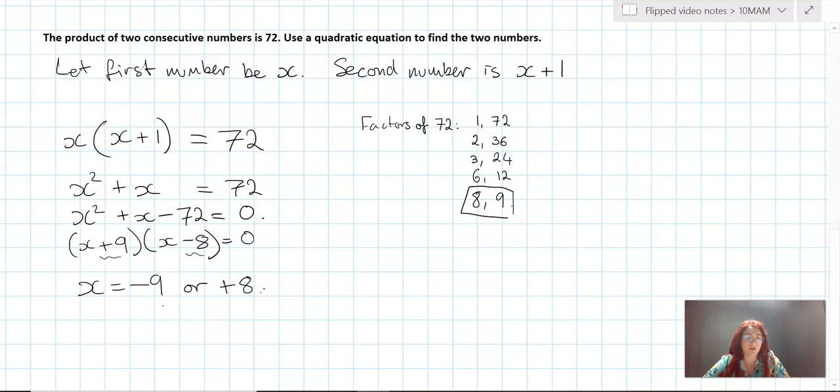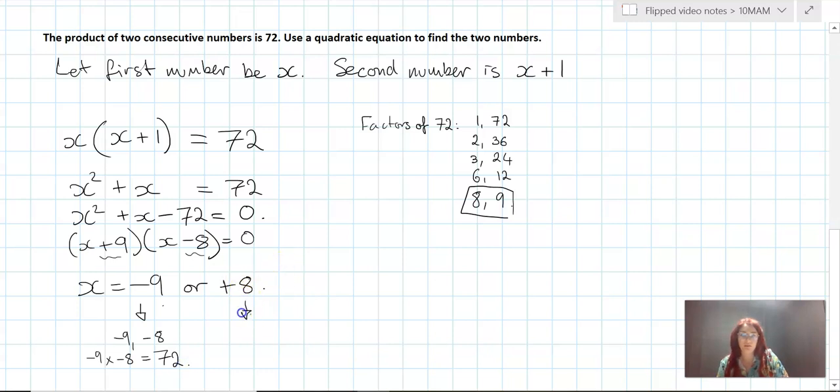Now we've just got to check. If the product of two consecutive numbers is 72, well, it works either way, because if we use negative 9, our two numbers would be negative 9 and then negative 8, because the next number up is actually, we go closer to 0, so it's negative 8, and negative 9 times negative 8 is going to give us 72.